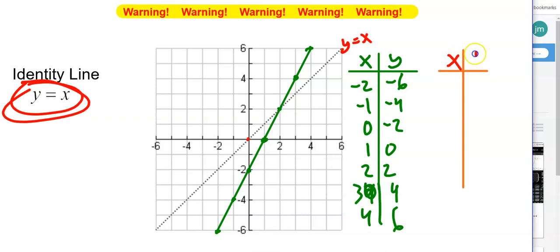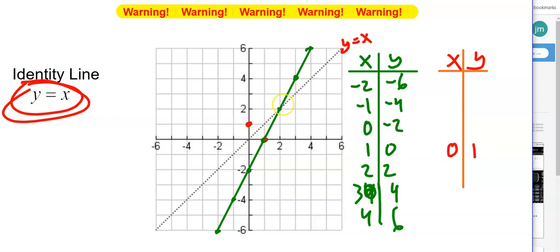I'm going to put down some points. You can see this point right here at (1, 0). If I reflect it over the line, it goes to about there, and that would be the point (0, 1).